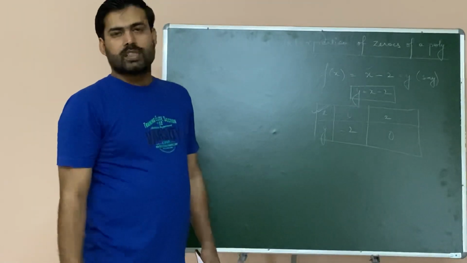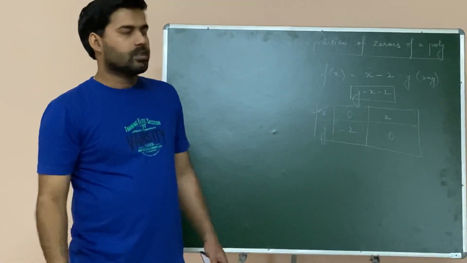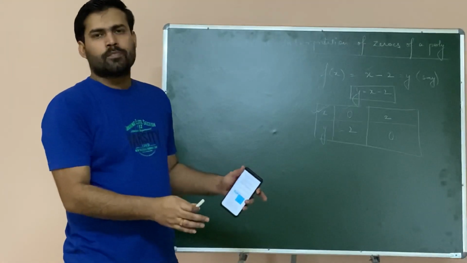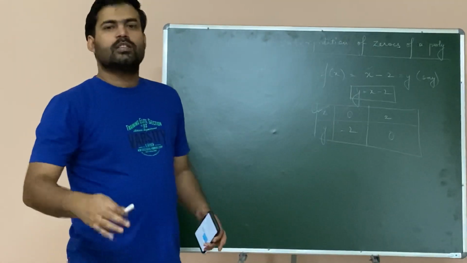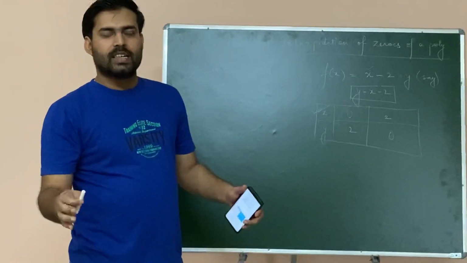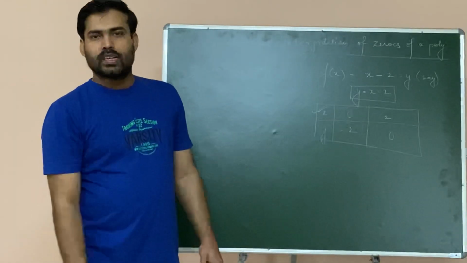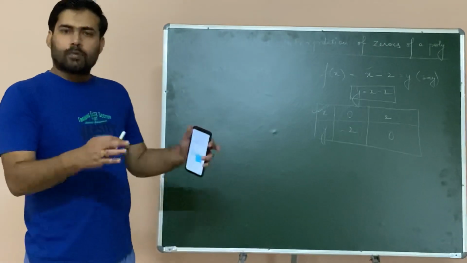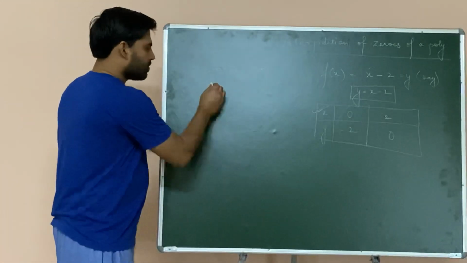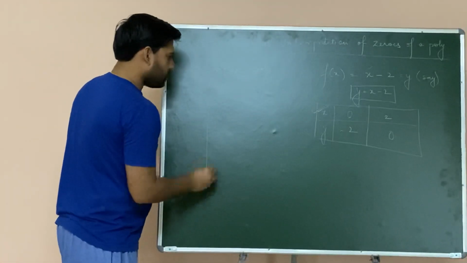More than two are preferable, or at most you can take three, because three solution sets will give you an overall idea of what kind of graph it is. So based on this, if I plot the graph now, then we will get what?